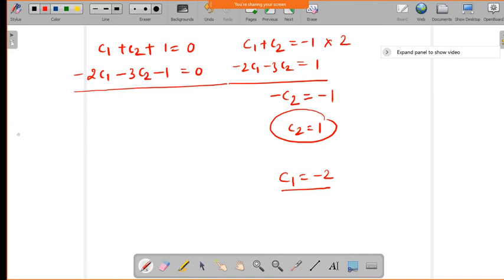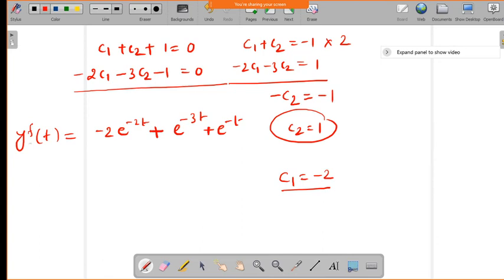So, now what is the final solution, that is the final equation, which is C1 is minus 2 into e power minus 2t plus C2 is 1 e power minus 3t and plus e power minus t.